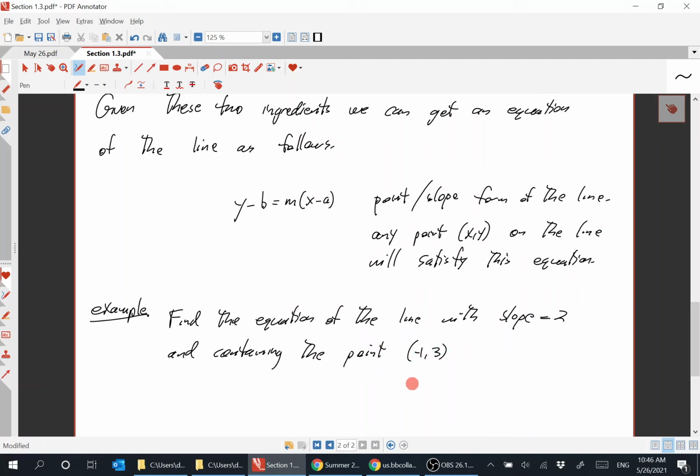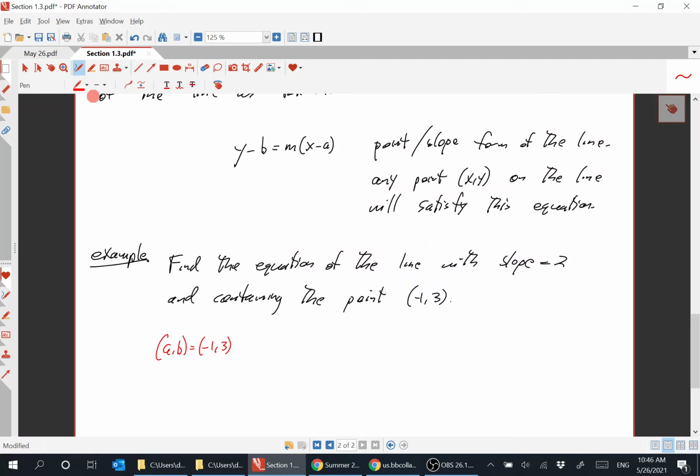We'll say minus 1 comma 3. So find the equation of the line with slope 2 and containing the point minus 1 comma 3. So this right here is the A. Right, so the point AB is equal to minus 1, 3. So A is the x-coordinate, B is the y-coordinate, x-coordinate negative 1, y-coordinate 3, and then the slope M is equal to 2.